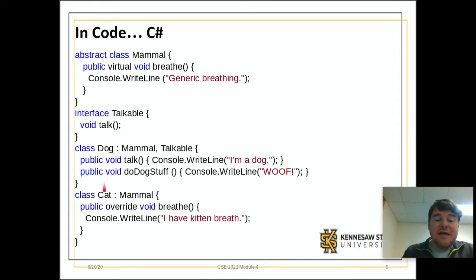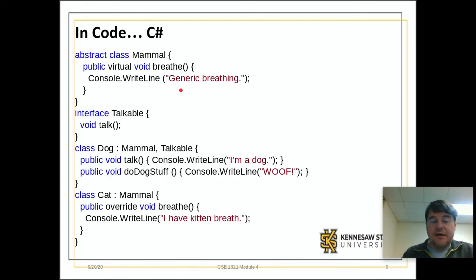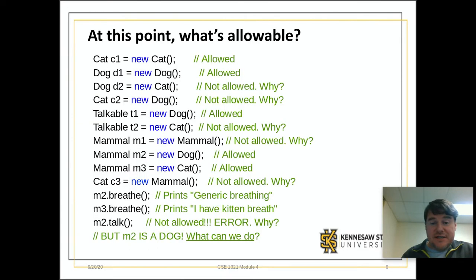So you cannot make a type variable of dog, D2, and assign it a new cat, because that's not a valid relationship. I can absolutely do that by using the parent and making children, and we'll see examples of that in a moment, but I cannot do it across siblings. So neither of these lines will work. I cannot say dog D2 equals new cat or cat C2 equals new dog, because they are siblings, not parent-child.